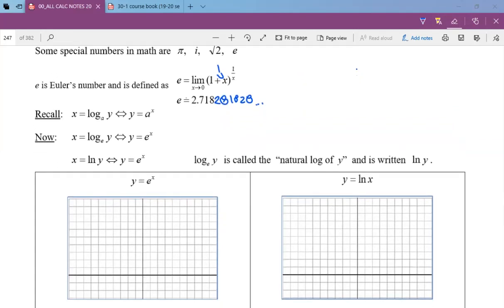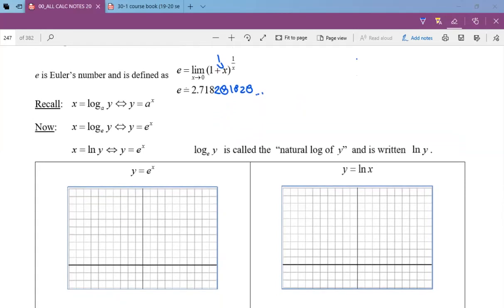It starts off by saying, recall that the logarithm of y base a is equal to x is the same statement as saying that y is equal to a to the x. What we will use this number e for, quite commonly, is as the base of our exponential function.